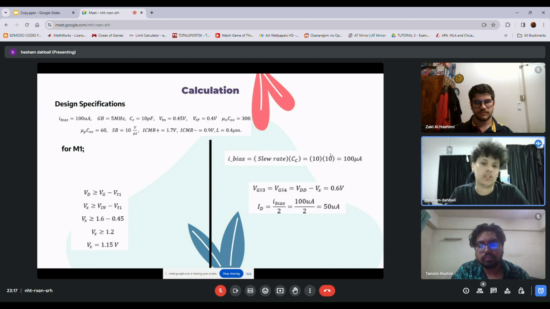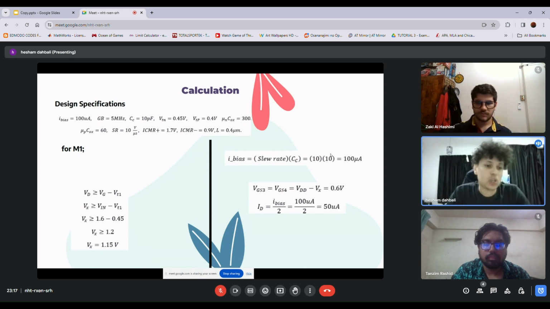Then we also have the threshold values and the slew rate, which represents the rate of change of the output voltage. The ICMR ranges between 0.9 and 1.7, the minimum and maximum. We chose our length according to the technology, which is 0.4 micrometer.